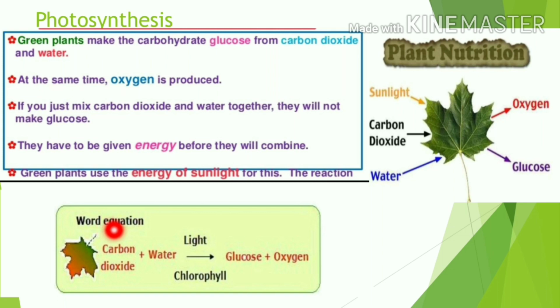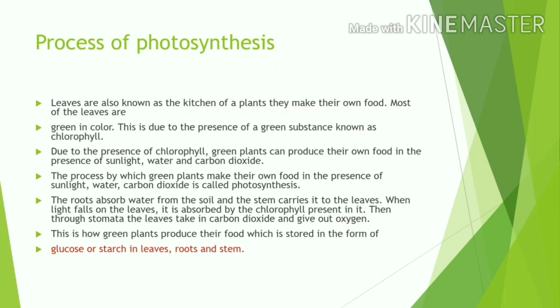Carbon dioxide mixes with the water, and here sunlight is the energy, with the presence of the chlorophyll, which is the green pigment present in their leaves. And then it will form the glucose, which is their food. In this process, they give us oxygen.